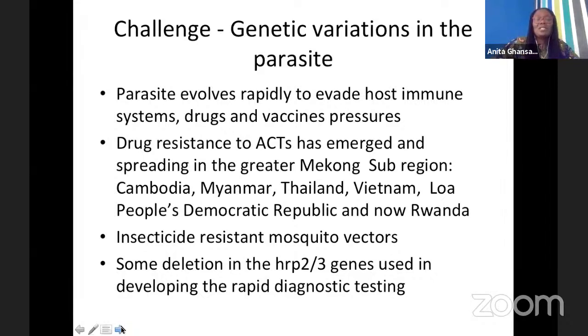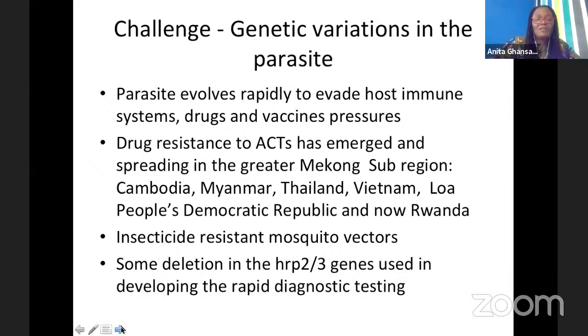And unfortunately for us, the current anti-malarial therapy, the artemisinin-based combination therapy, is already showing signs of resistance. The parasite is resisting this drug. And we see this in the greater Mekong region around Cambodia, Thailand, and the rest. And recently in Africa, in Rwanda, resistance to the ACTs has also emerged.